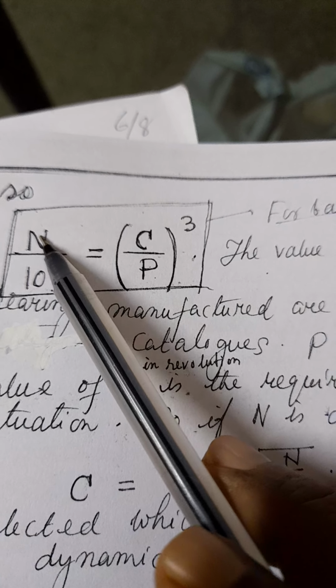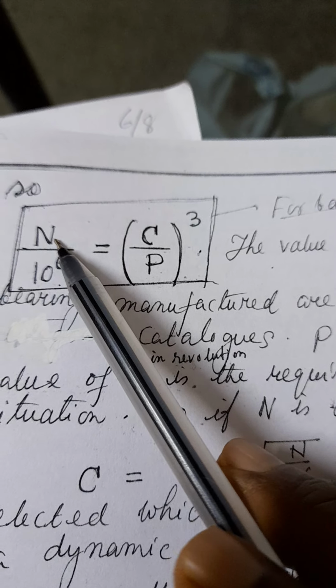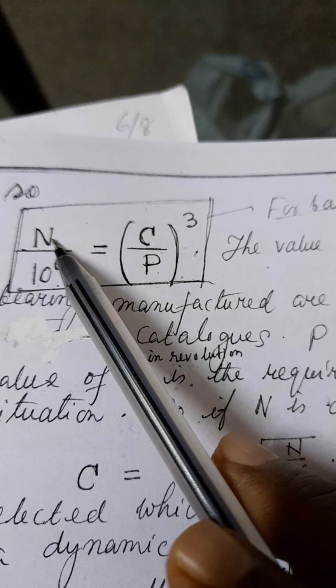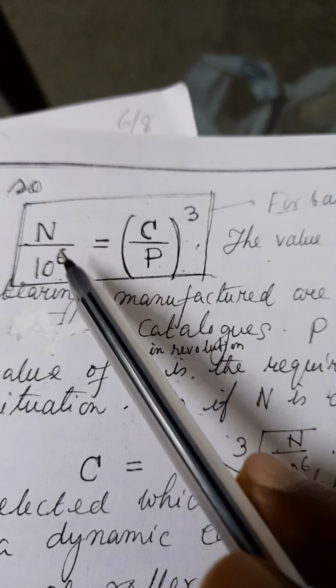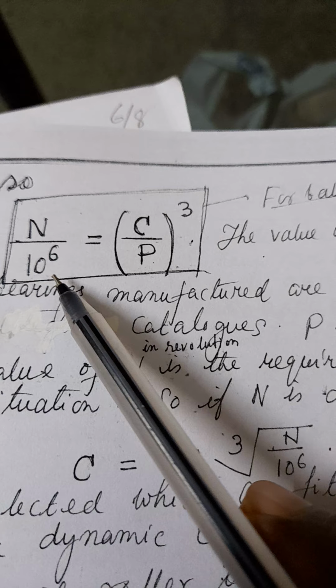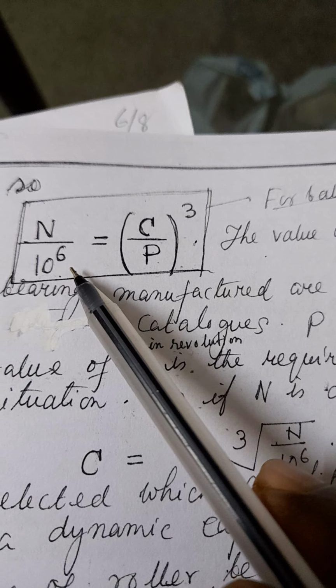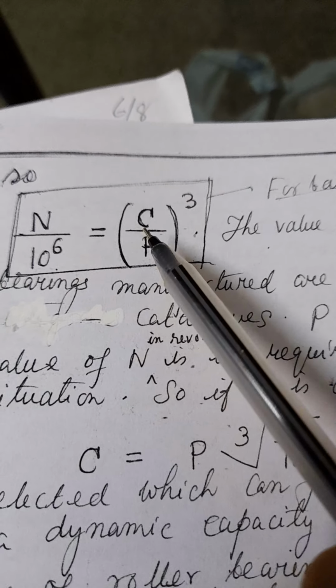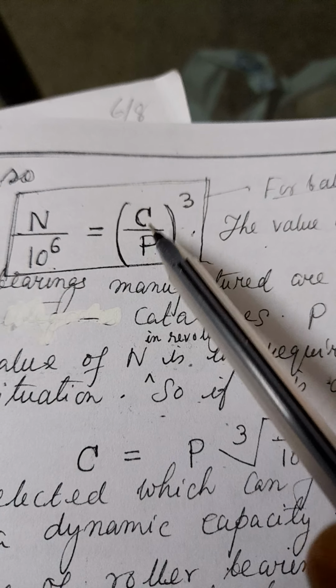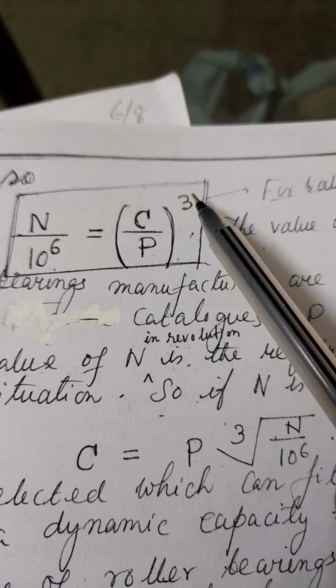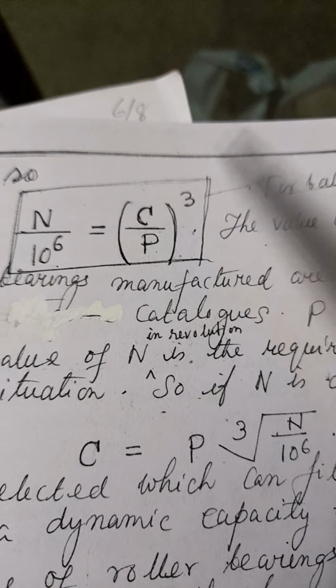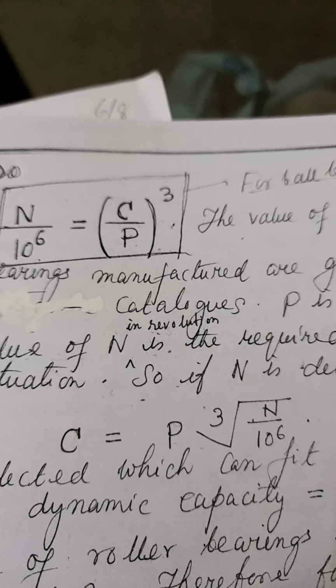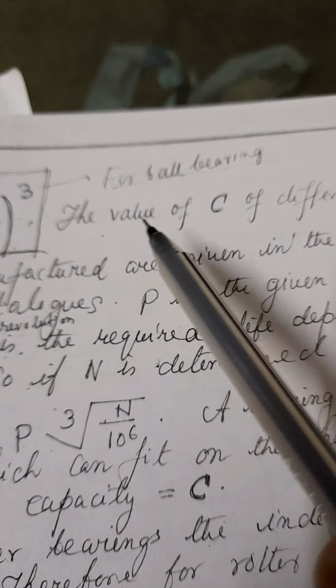N is the revolutions, not RPM. It is in number of revolutions. N divided by 10 to the power 6 is equal to C by P to the power cube. This 3 is the index for the ball bearing. So this is the formula for ball bearing.